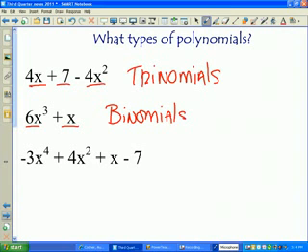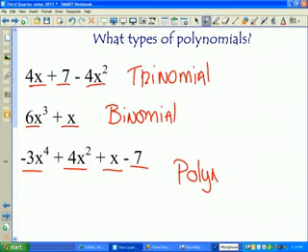Good. So if the first one's a trinomial, the second one's a binomial, what's the third one? This time we have 1, 2, 3, 4 terms. This is called a polynomial. They're all polynomials, but this does not have a particular name because anything more than 3 terms is considered a polynomial.